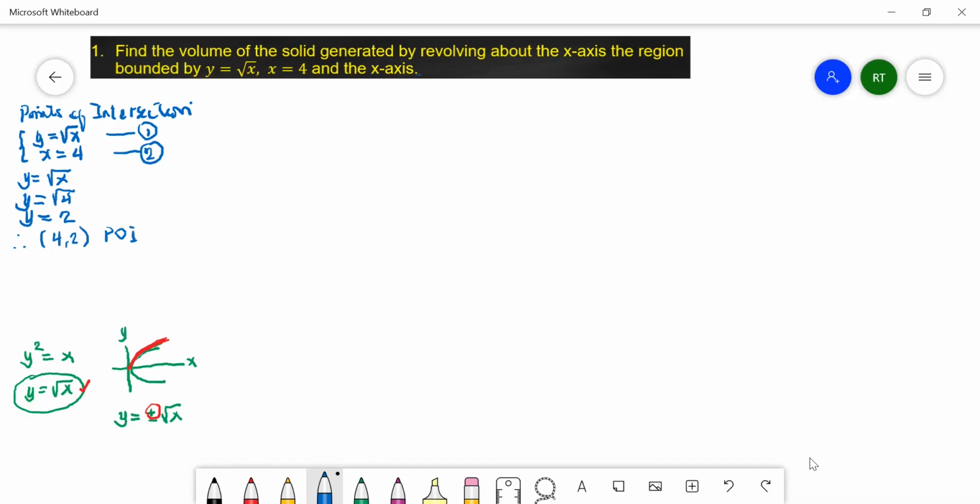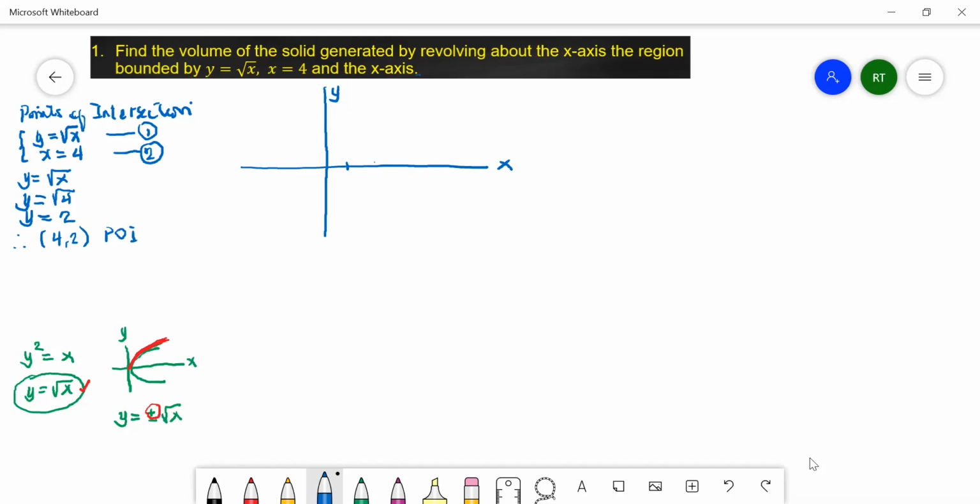Okay, and now we consider sketching the curve y is equal to square root of x, and the line x is equal to 4, and determine the region R. Let us see, we can consider this as the y-axis, and let this be the x-axis. First, let us locate the point of intersection.